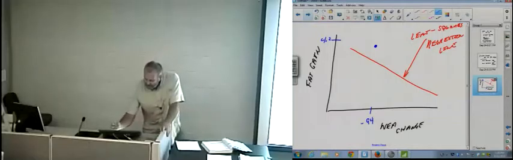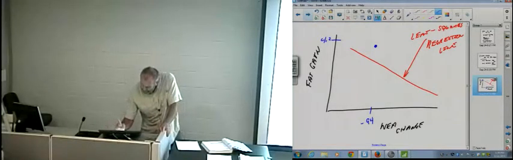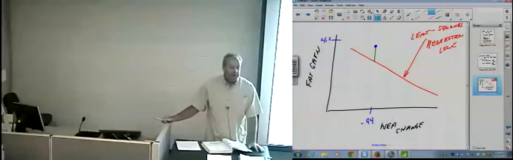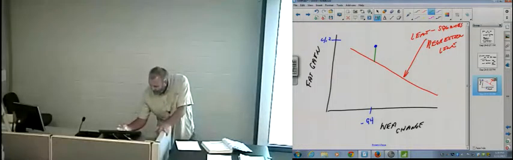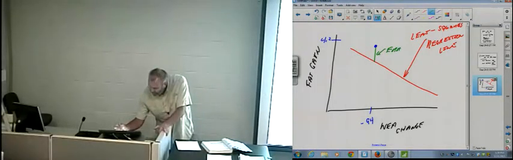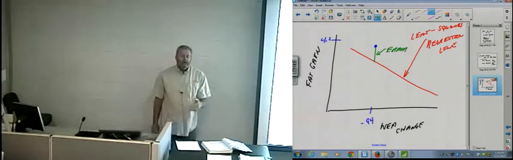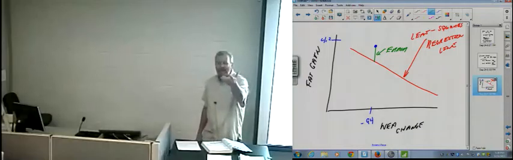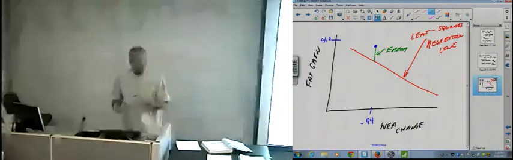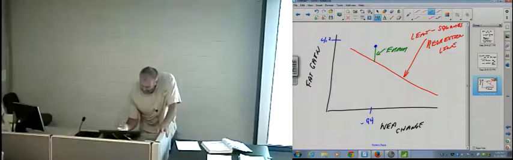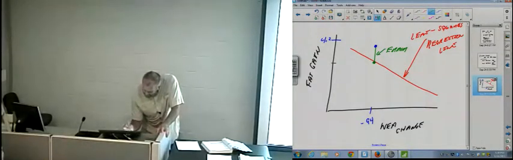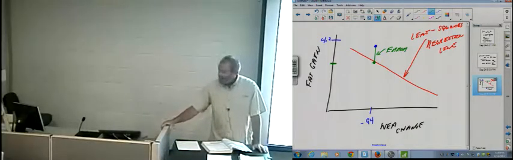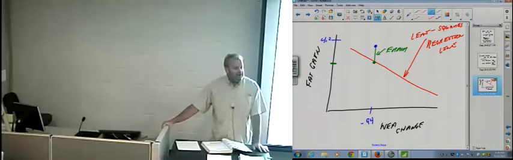Well, you see this right here? That's an error we're making. If you don't like the term error, that's a vertical distance the point is from the line. It turns out that the point's above the line here. Whatever that value is that I have there, that's the value that the line is going to predict for somebody that has minus 94 NEA change.